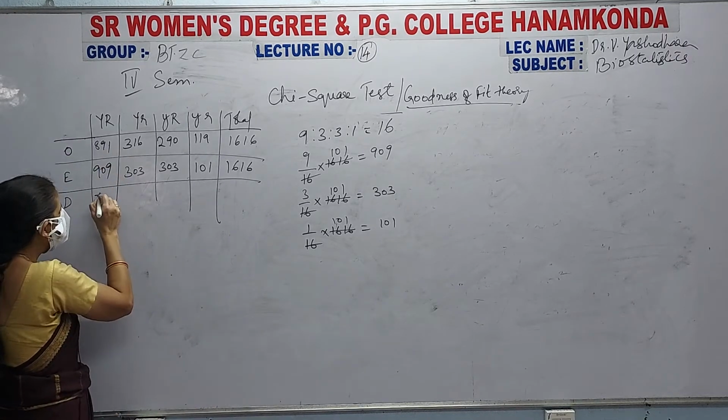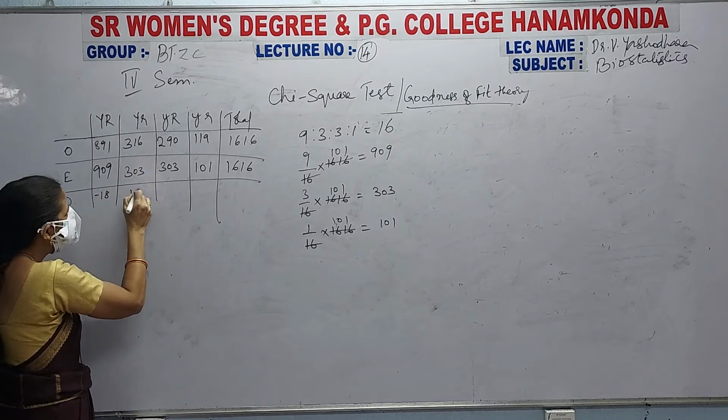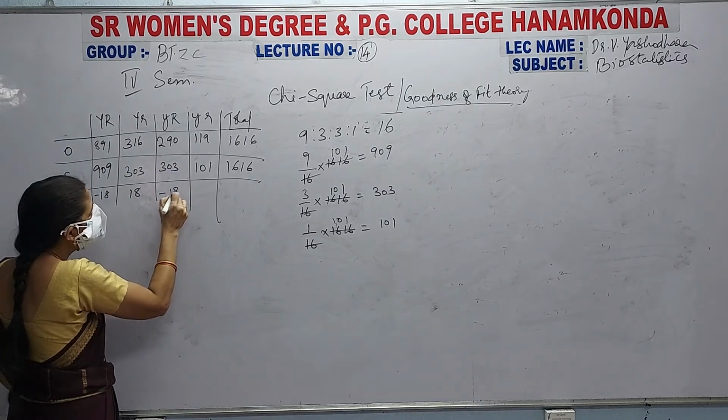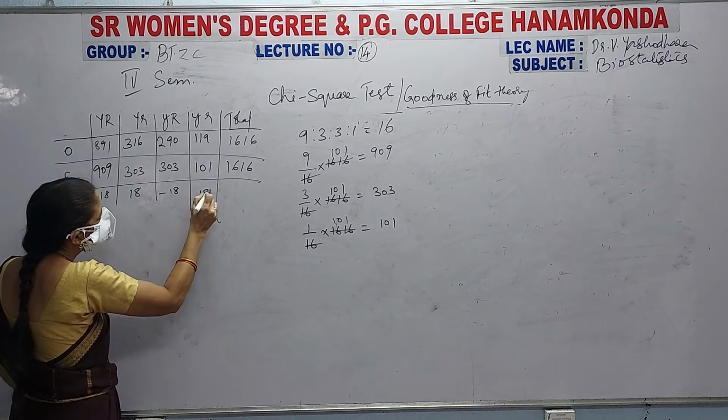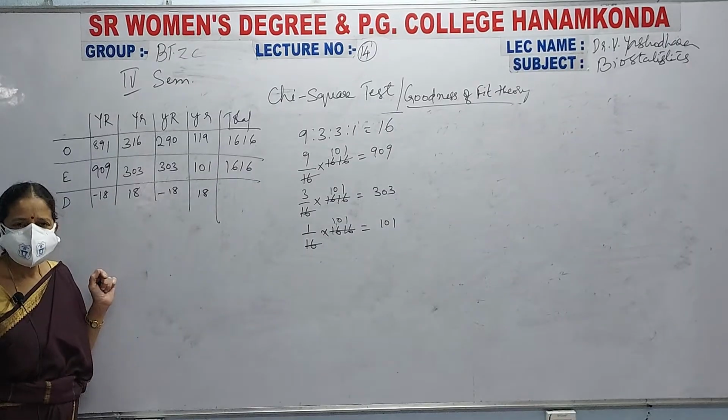Since it is a small number, -18 here, 18 here, -18 here, 18. This is the difference. Is it okay?